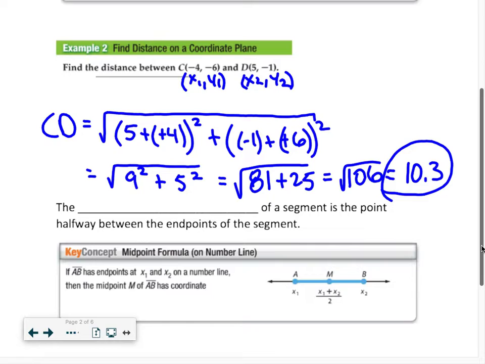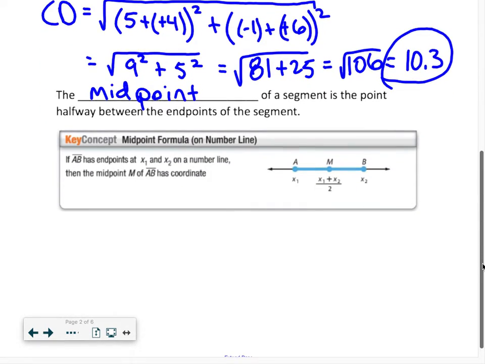Let's go ahead and talk now about our next definition, which is midpoint. So the midpoint of a segment is the point halfway between the endpoints of a segment. So it's exactly halfway between our two endpoints, okay? And so again, we're going to do this on a number line, and then we'll do it again in the coordinate plane.